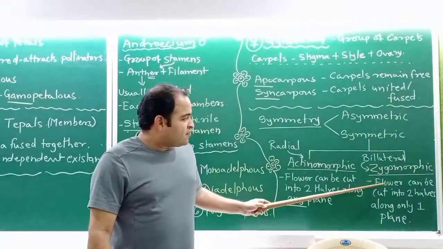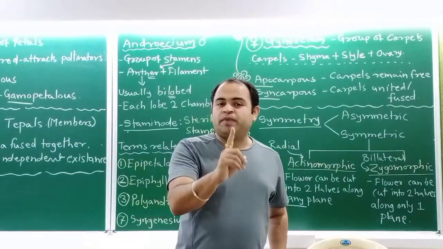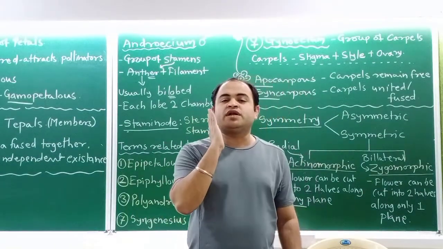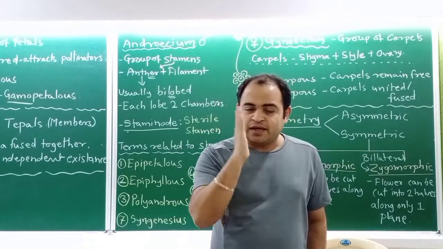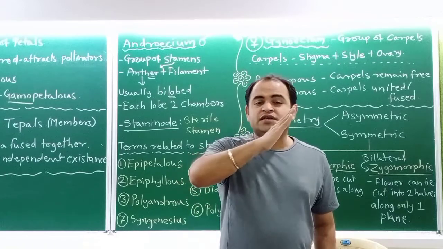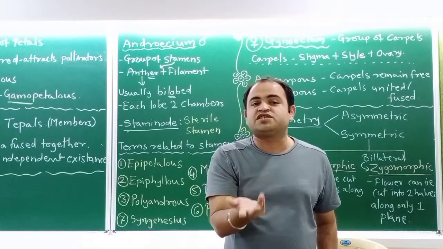In a zygomorphic flower, the flower can be cut into two equal halves along only one plane. If that plane is passing through a particular point, at a particular angle, then and then you will get two equal halves. If it is slanting or oblique, then definitely it will not be successful.